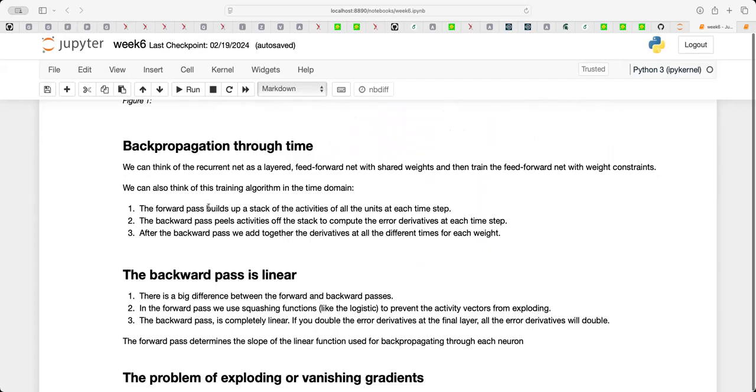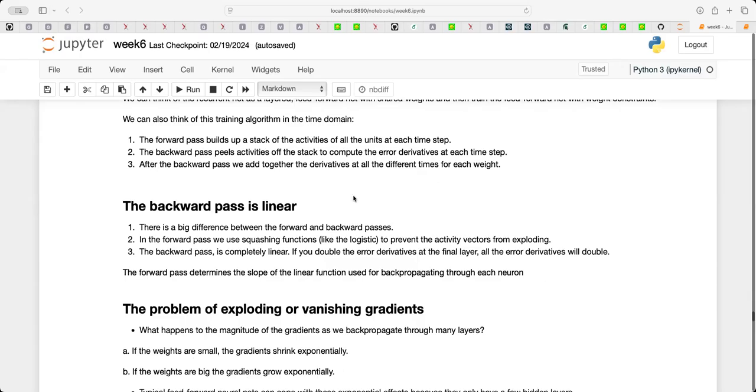So the feed-forward pass builds up a stack of the activities of all the units at each time step, and the backward pass peels activities off the stack to compute the error derivatives at each time step. And after the backward pass, we add together the derivatives at all the different times for each weight.